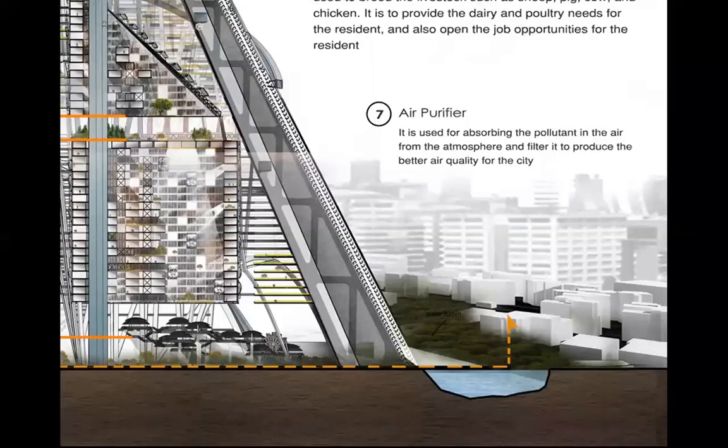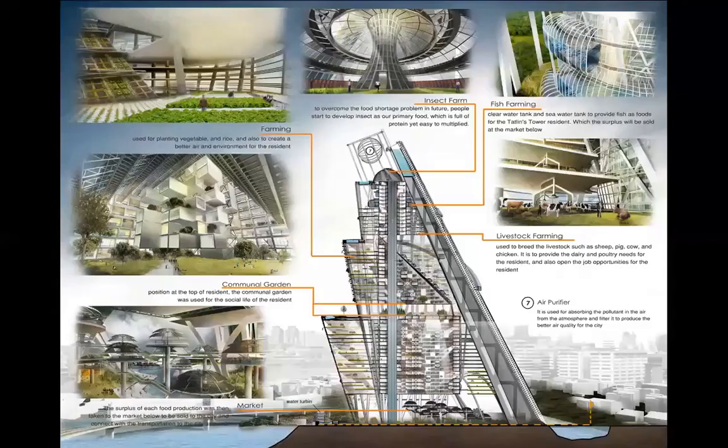Air purifier, you can see it's a large building, and we are going to see a diagram where the correct size, as it was intended, of Tatlin's monument is compared with other tall buildings built in various places.